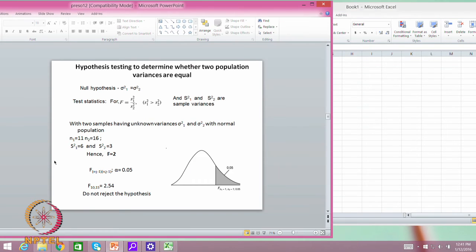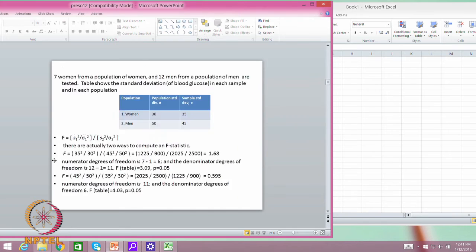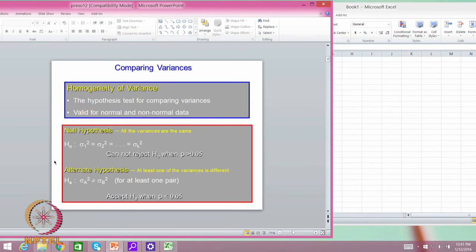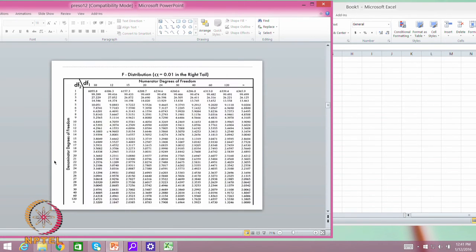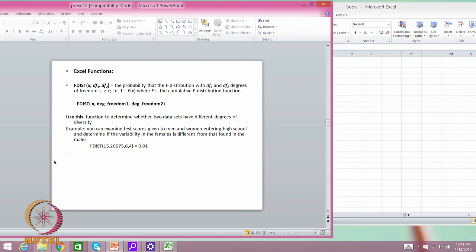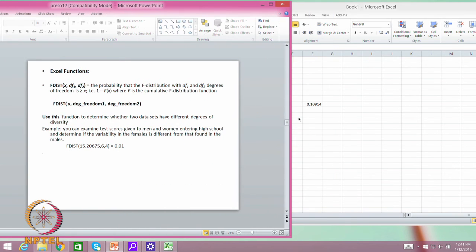That is what the F distribution gives. So, it gives you the probability value. Obviously, P is 0.109, which is larger than 0.05, so we do not reject the null hypothesis. So, this Fdist function in Excel gives you the p value.